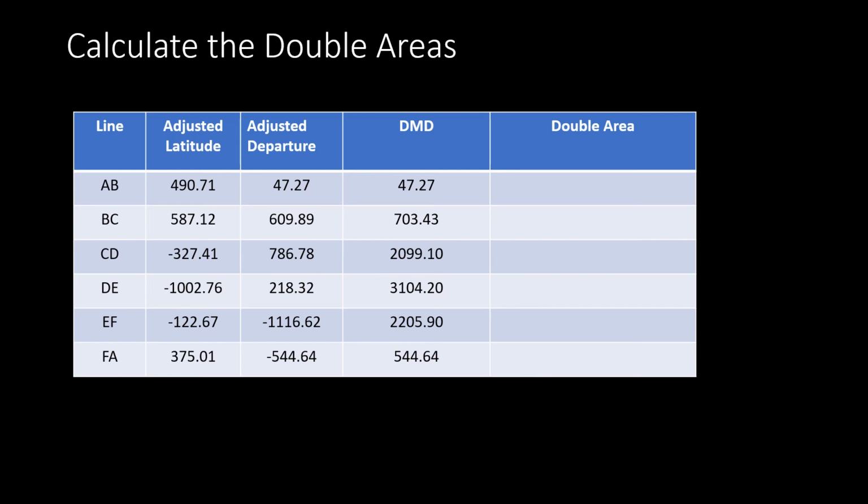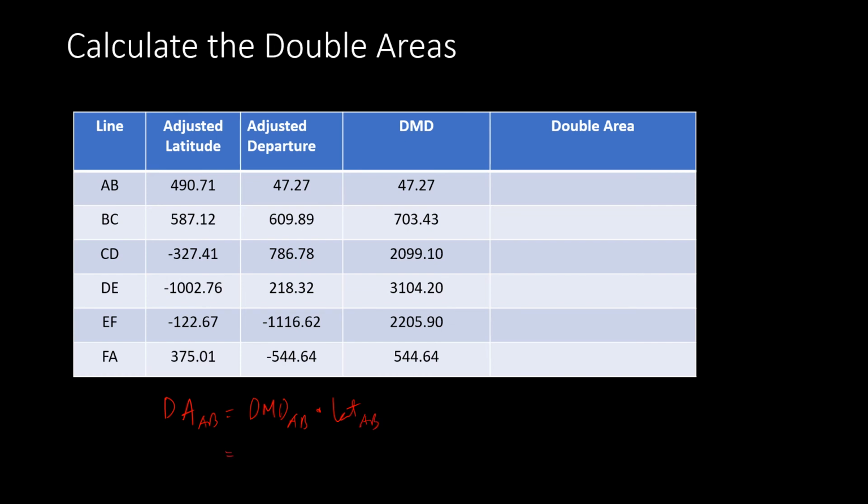The double area for each course is determined by simply multiplying the DMD of the course to its adjusted latitude. So for line AB, the double area for line AB is simply the product of the DMD of line AB multiplied by the adjusted latitude of line AB.